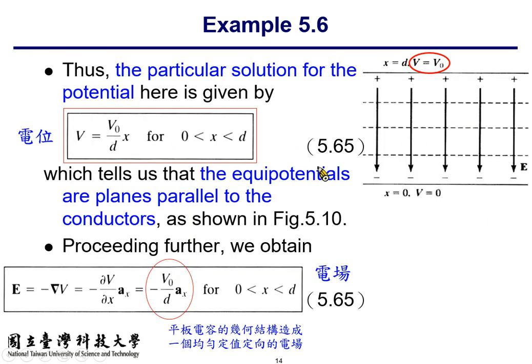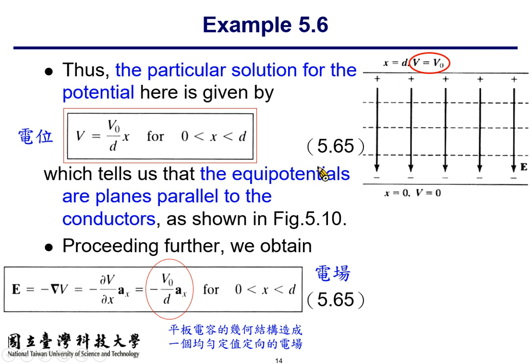Okay, so substitute a and b, which are derived from the boundary condition. We end up with a specific solution. Ax plus b is the general solution. Now we have equation 5.65. This is the specific solution, which is derived by taking into account the boundary condition.